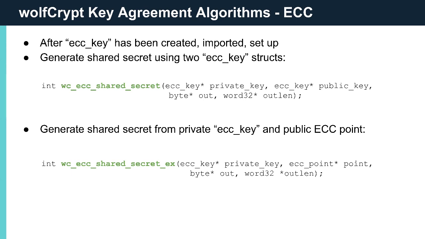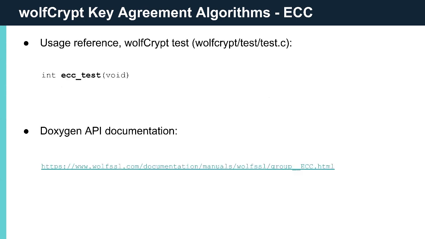And then it generates the shared secret, placing it into out, with outlen specifying the size of the output buffer coming in and then the size of the shared secret generated going out. You can generate a shared secret from an ECC key and an ECC point instead of 2 ECC key structures by using the extended EX function. Usage reference is in our wolfCrypt test under the ECC test function.